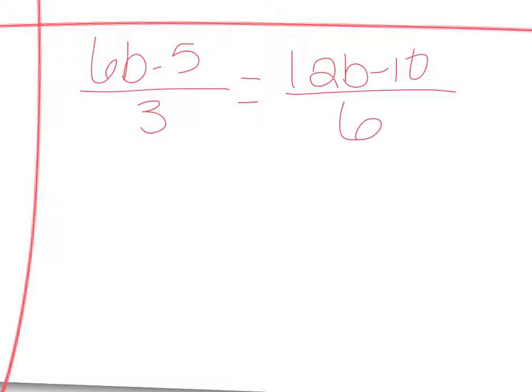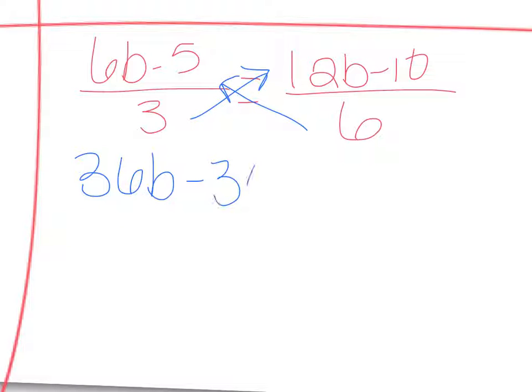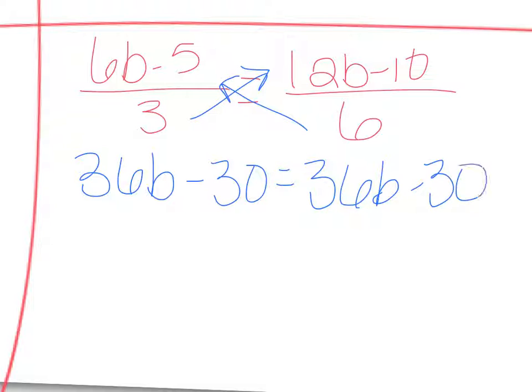All right, I think most people were coming to mostly the correct conclusion. Whenever you multiplied your cross products, what did you end up with? We ended up with 36b minus 30 equals 36b minus 30. Starting to look a little fishy.